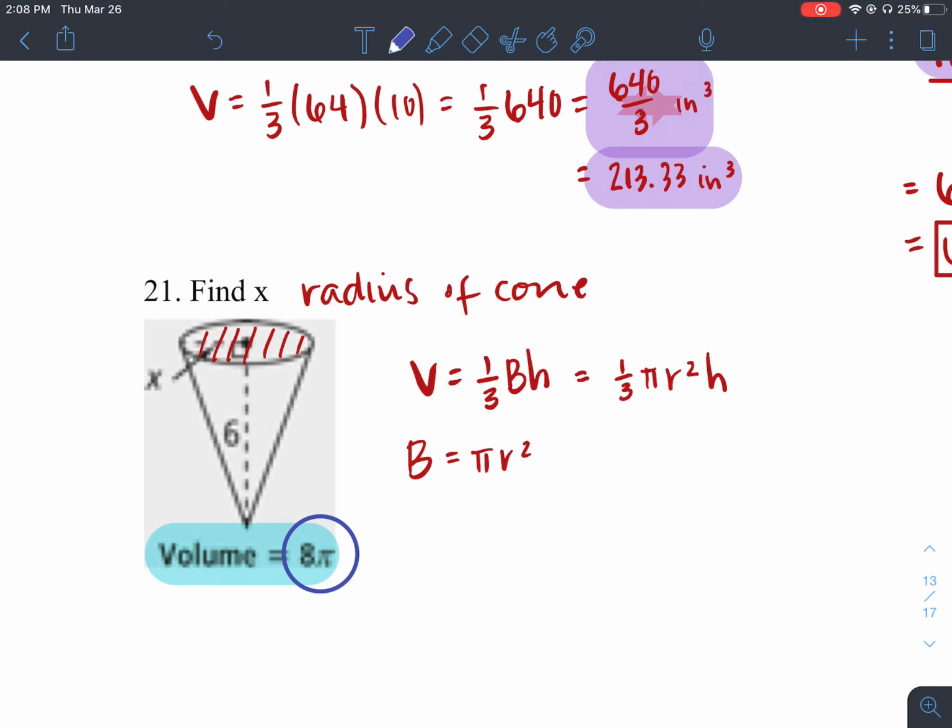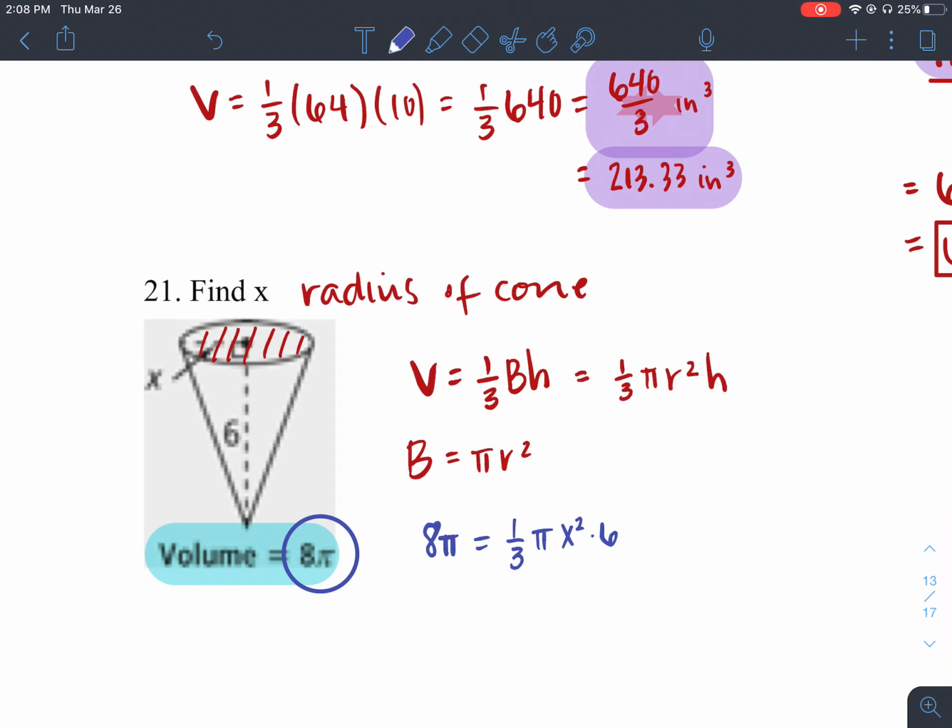So I can fill in my volume. Instead of saying volume equals, I can say 8 pi equals 1/3 times pi times x squared, because x is my radius, times 6.